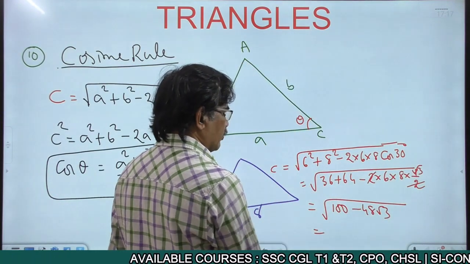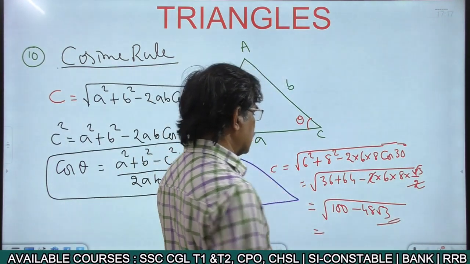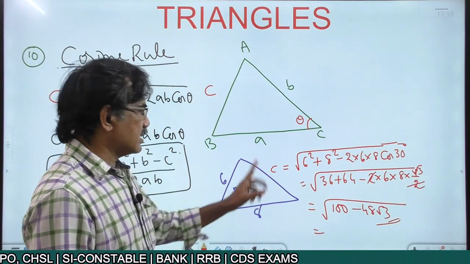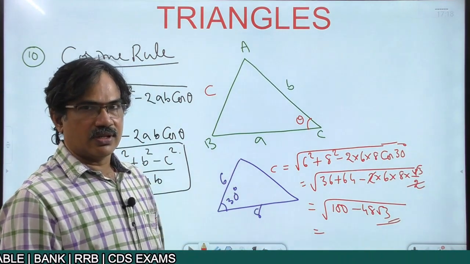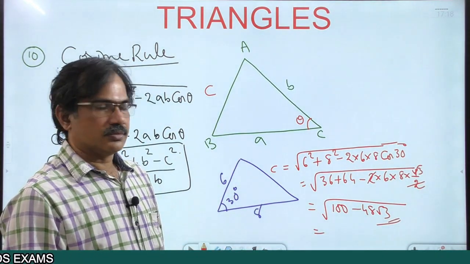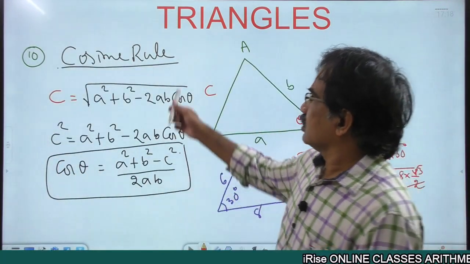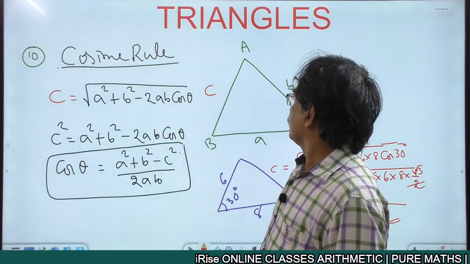So after simplification we get the answer. So this is the third side of a triangle if two sides and the included angle are given. Okay, so this is about the cosine rule.